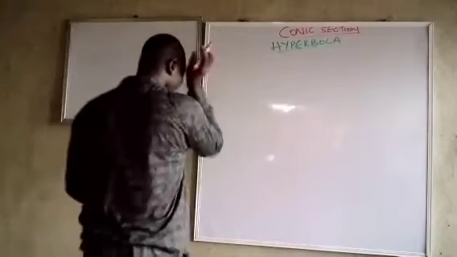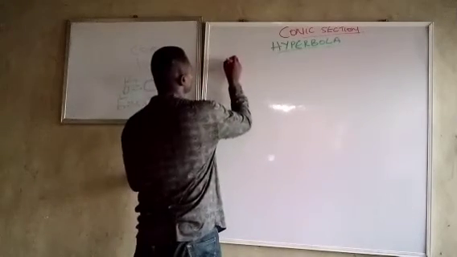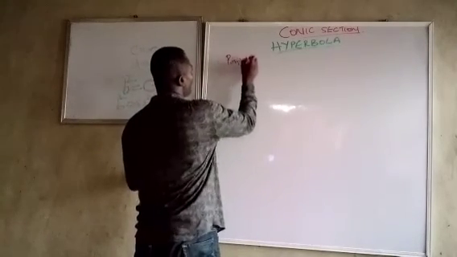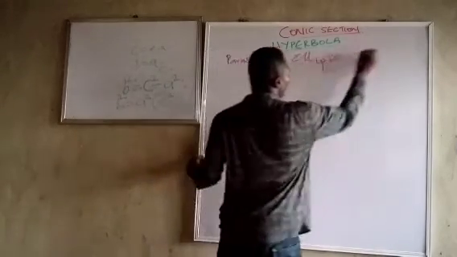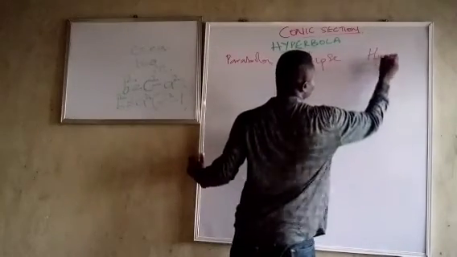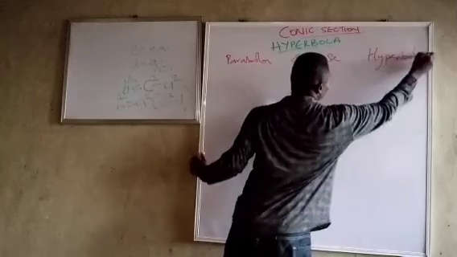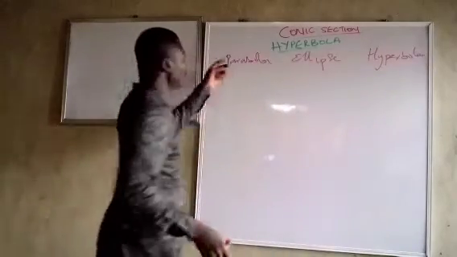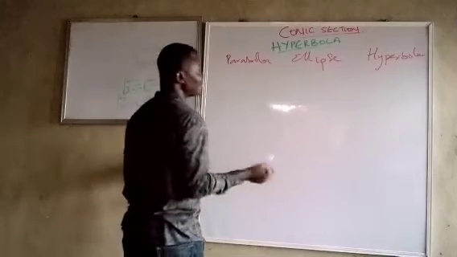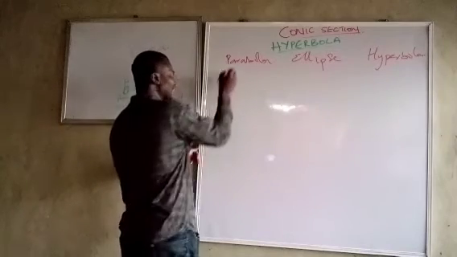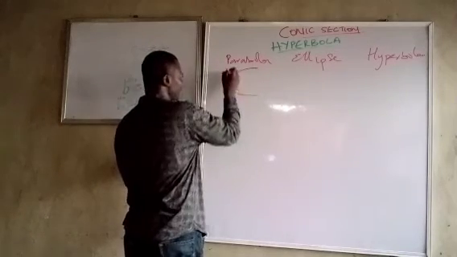When we have any question, let's talk about parabola, ellipse, hyperbola. For the parabola, you can only talk of one focus. And what we look out for is the vertex given.